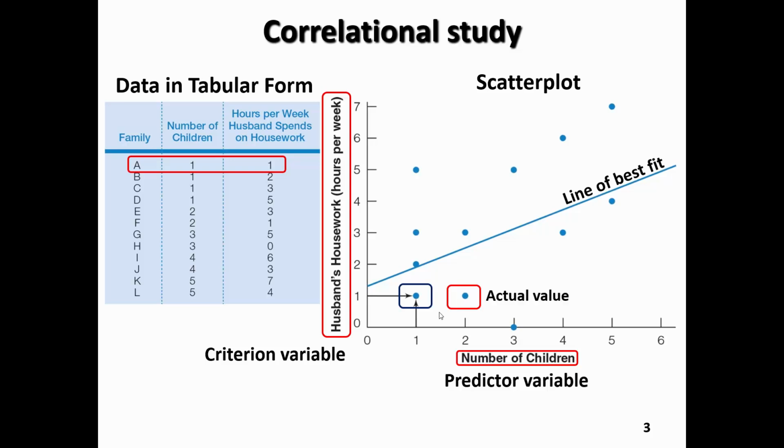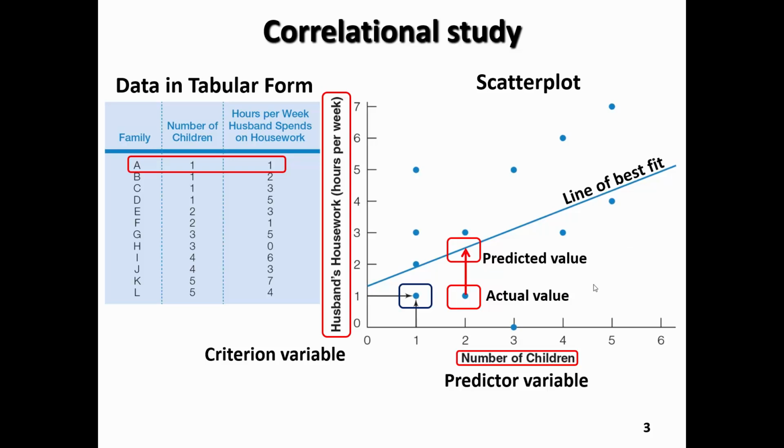But when we put all of the data on the graph, what we see is this upward pattern. The blue dot represents the actual value, which is different than the line, which describes the general pattern.